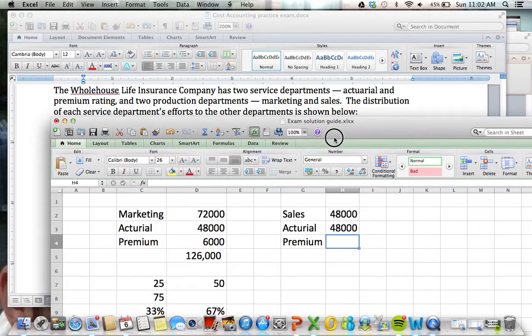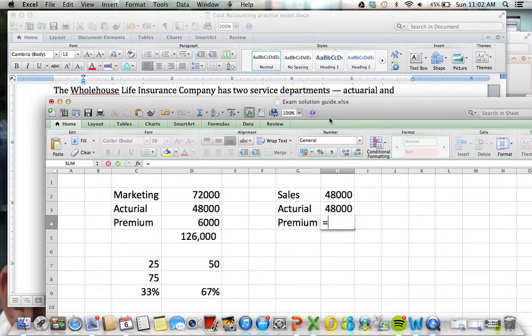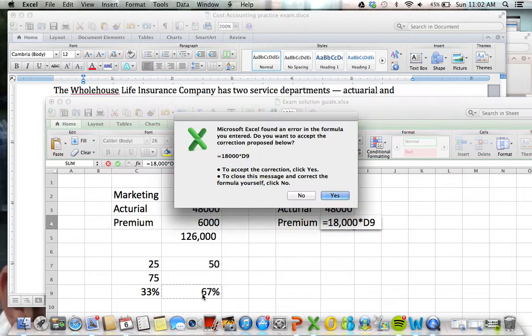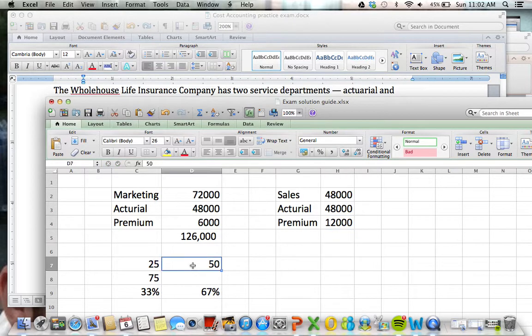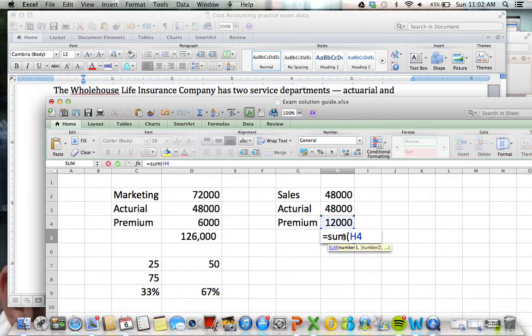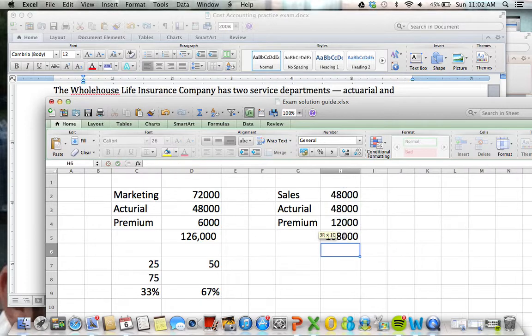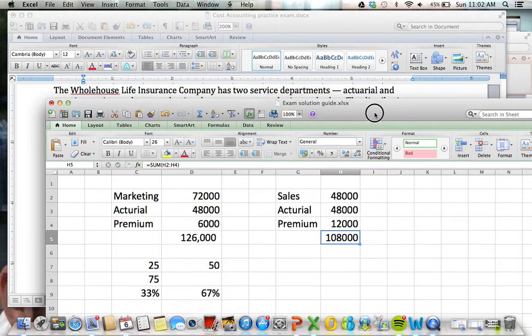Now premium, we said, is going to be 18,000 times what's being allocated to that piece, which is 2/3. It's basically 50 over 75, because the total is 75 and it's 50 over 75. So the total piece that went into sales is 108.